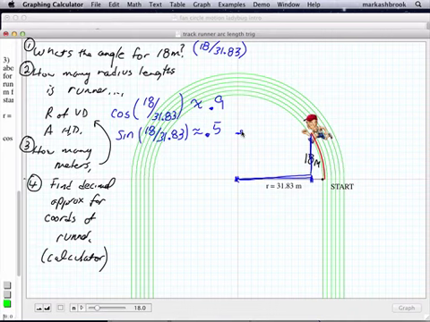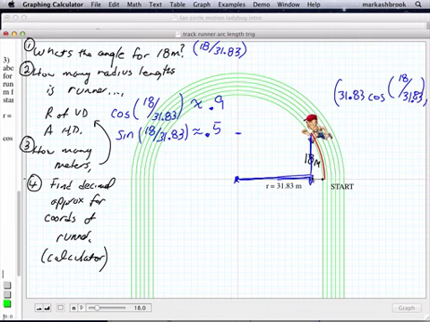Okay, what about how many meters? How could we get exactly how many meters that is? If it's this many radius lengths, how do we get meters? We're going to take 31.83 and multiply by the cosine of 18 over 31.83.